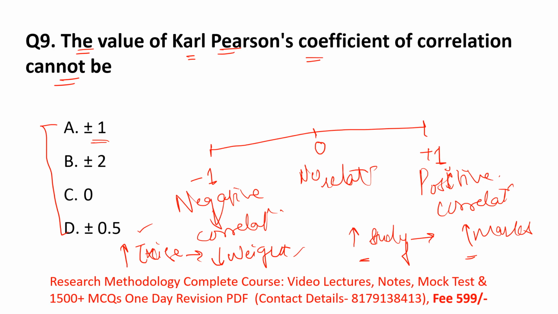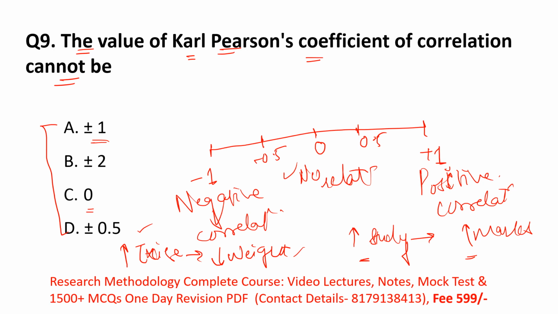Again here, we'll see option C, 0. 0 means there is no relation. And plus 0.5 lies between 0 and +1, and minus 0.5 lies between -1 and 0. So in this scale, minus 0.5 or plus 0.5 also occur.